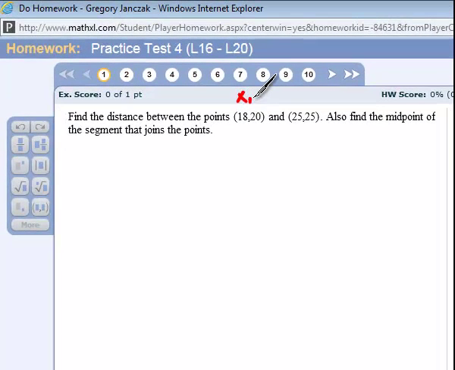There's 2, and we want to find the distance between these 2 points. Let's say we call this x1, y1, and x2, y2. Okay? Let's start with the distance formula. Dylan, what would be that formula?